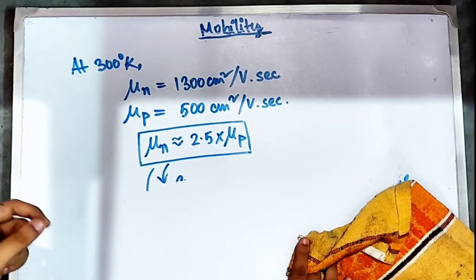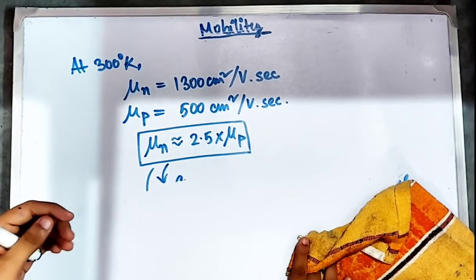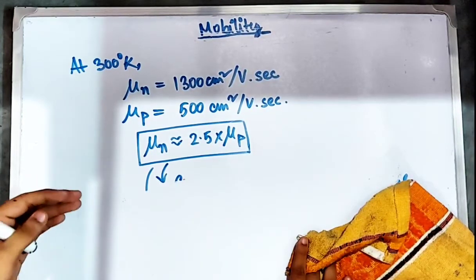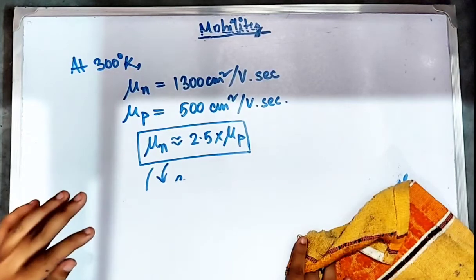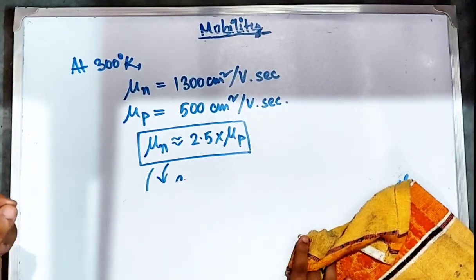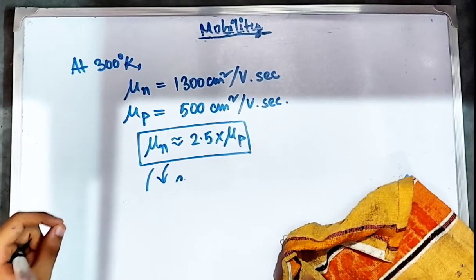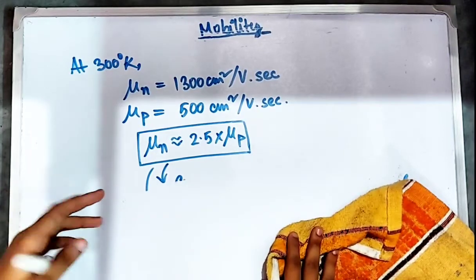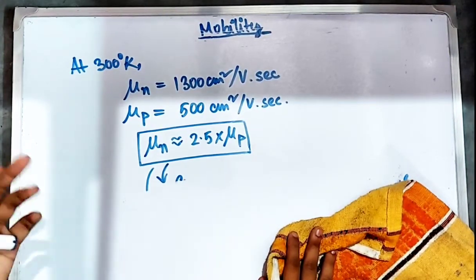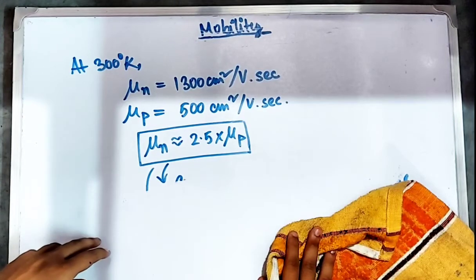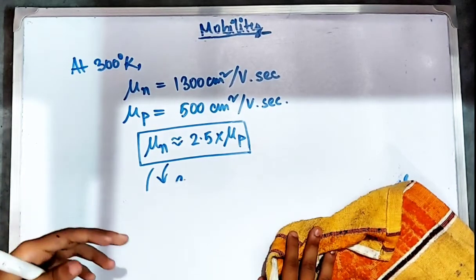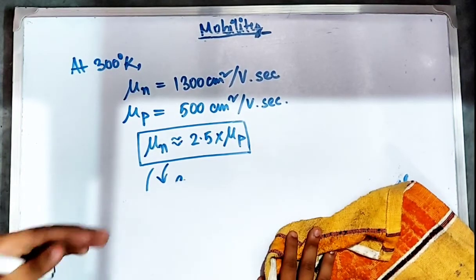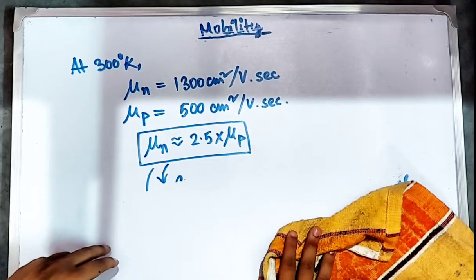But if we make the temperature very high, then again lattice vibration will take place. All the lattice points, all the immobile charge carriers which are bound to the crystal structure, will start their vibrational motion, and of course the electrons will face more collisions within the crystal. Then they will get slowed down, and obviously the mobility will also get reduced.